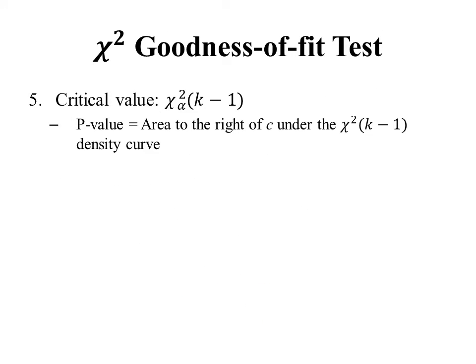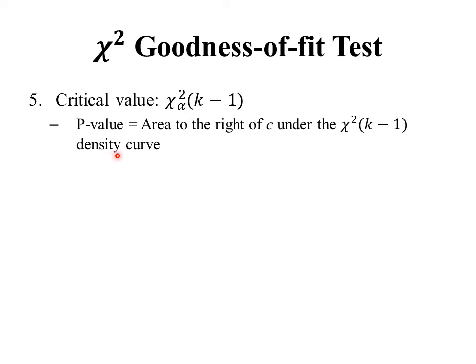Now, our critical value is going to come from the chi-squared distribution. Specifically, it's going to be chi-squared sub alpha of k with k minus 1 degrees of freedom. So we're going to take the number of categories, subtract 1, that's our degrees of freedom. And alpha is our significance level.